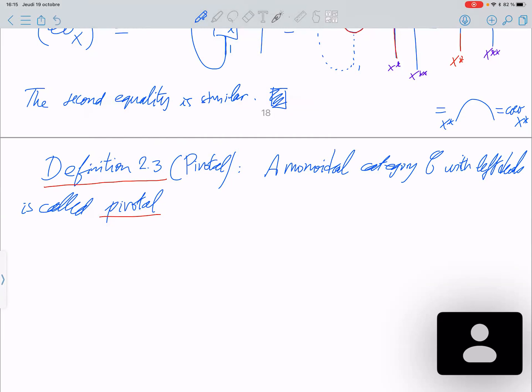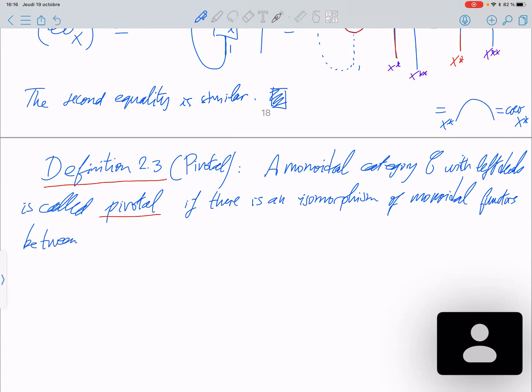It's pivotal if there is an isomorphism of monoidal functors between the identity functor of the category and the double dual functor.